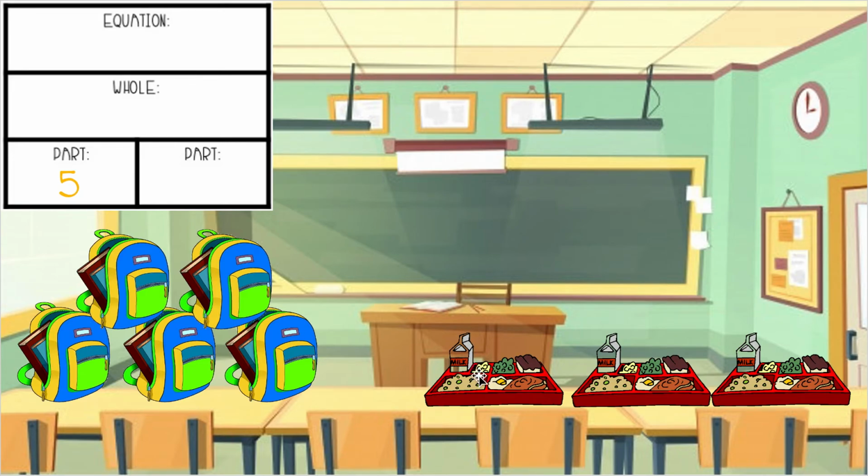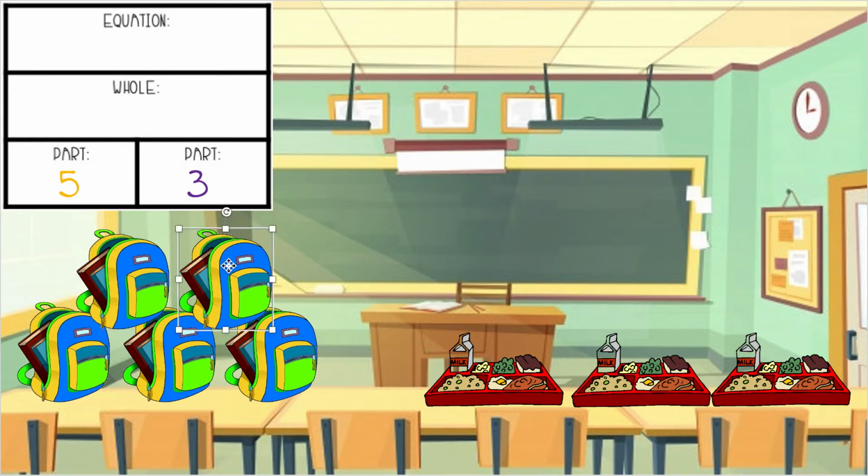Now let's look at how much food was left over. 1, 2, 3. I have 3 trays of food that were left over. So my whole classroom was divided into 2 parts, 5 backpacks and 3 lunch trays. Now I can figure out how many things were left behind in my whole classroom.